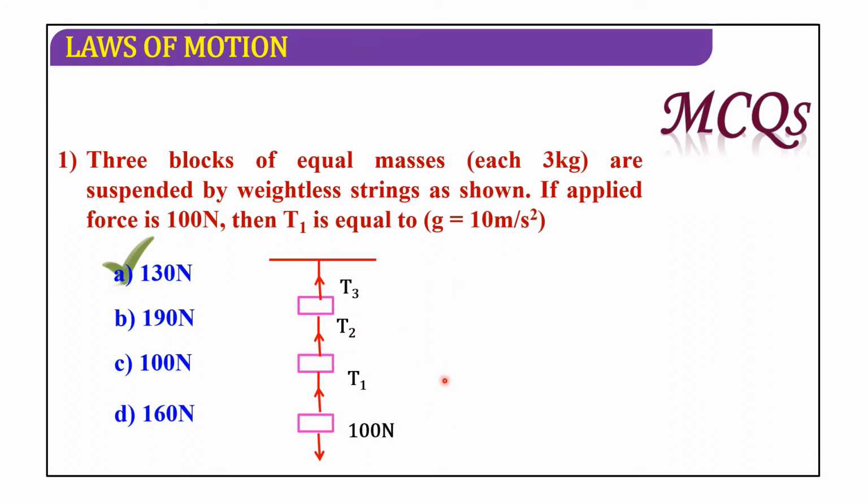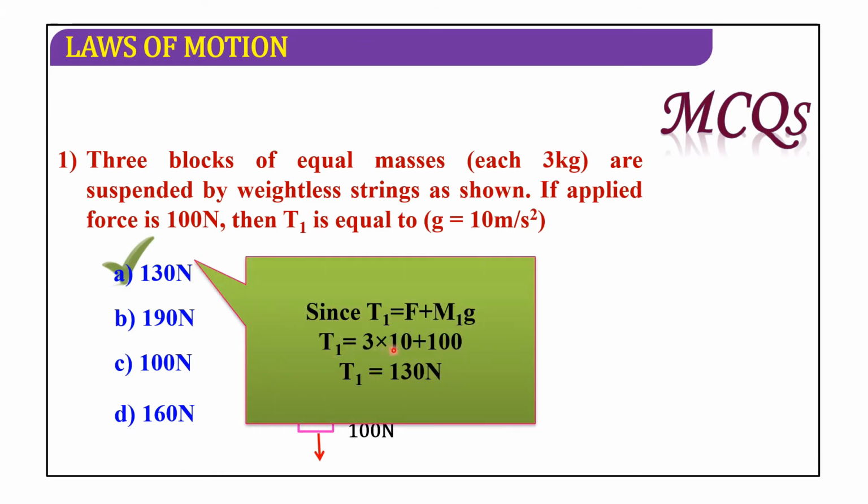Then T1 is equal to F plus M1g. Substituting values, F is nothing but ma, that is mg. So M is given as 3 kg, into g given as 10.